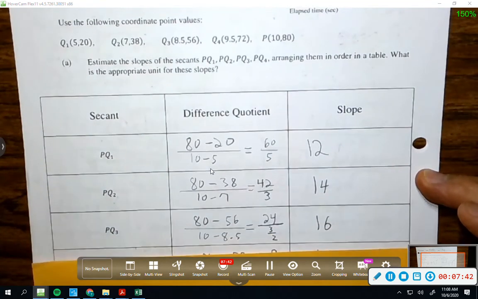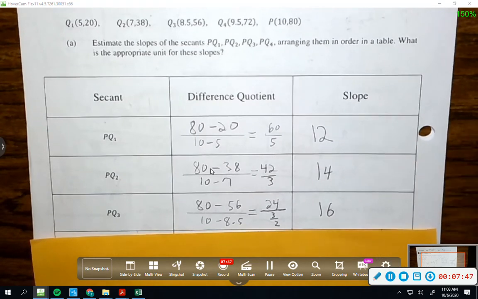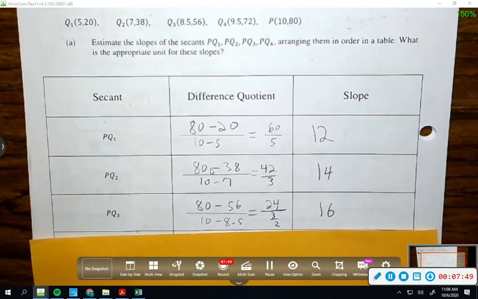So if we subtract for this one, 80 minus 56, because now I'm using this point, over 10 minus 8.5. Well, that's 1.5, and it's best to write it as 3/2, because if I multiply by the reciprocal, 24 times 2/3, 24 divided by 3 is 8, 8 times 2 is 16.